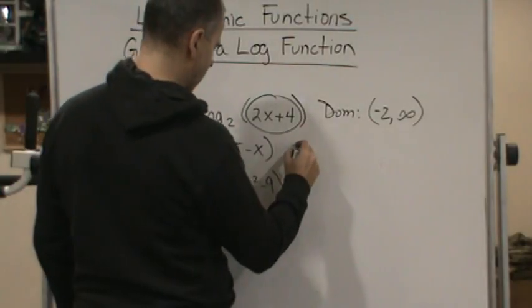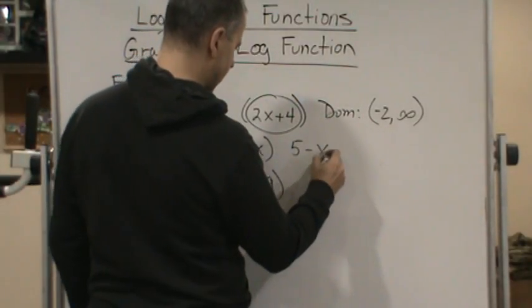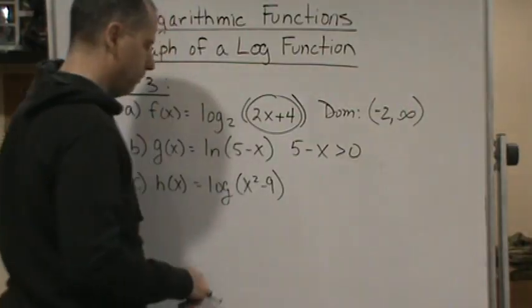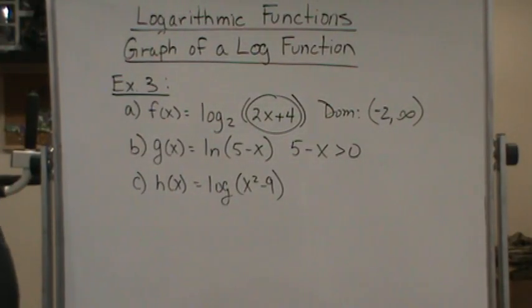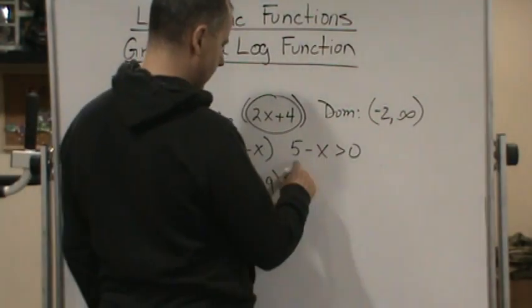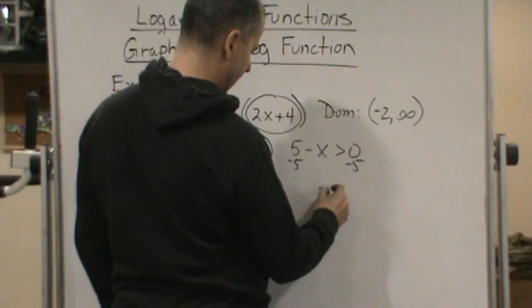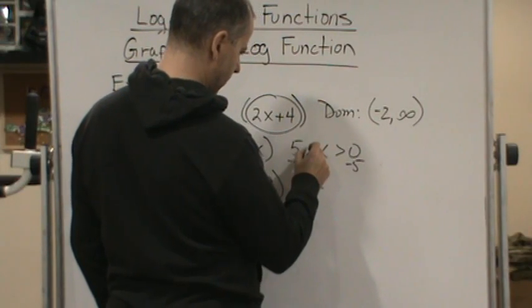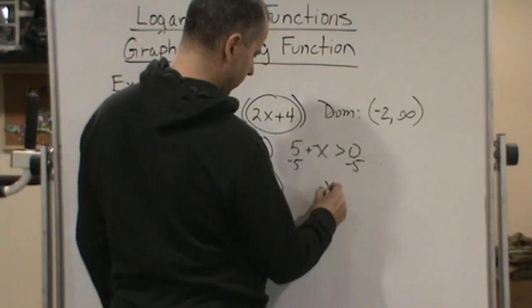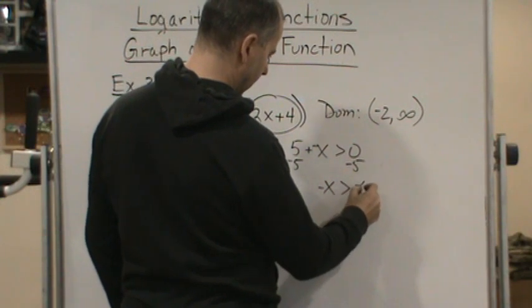Okay, so now I'm going to do the same thing, right? So I need to solve 5 minus x being greater than 0. Right? So now if I solve for this, I subtract 5 from both sides and I get negative x is greater than negative 5.